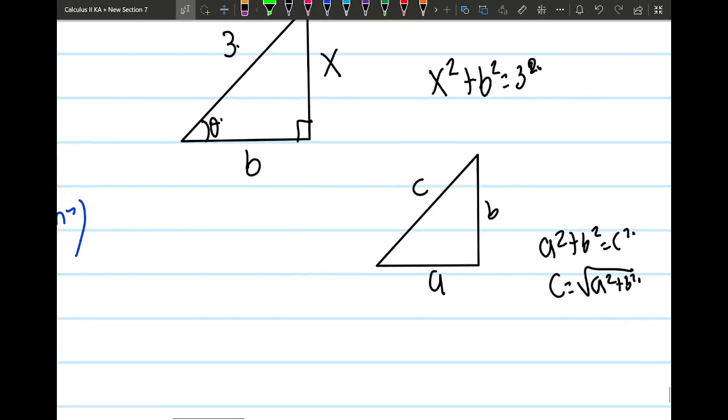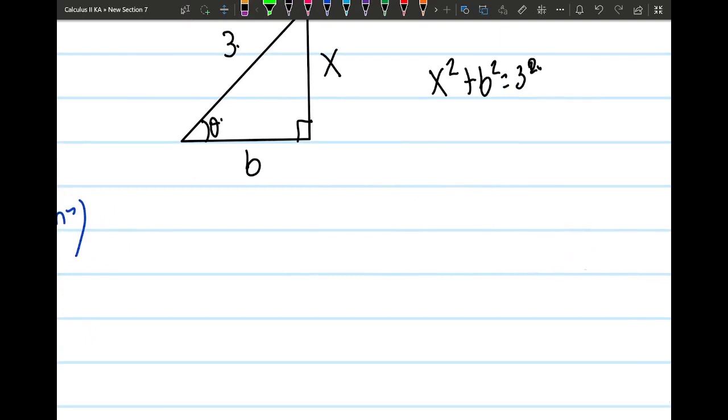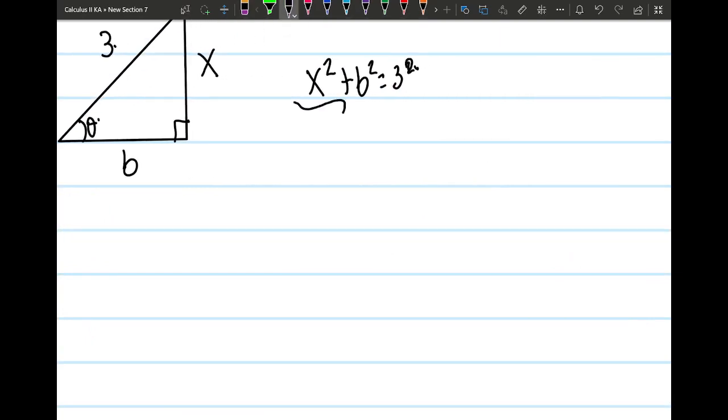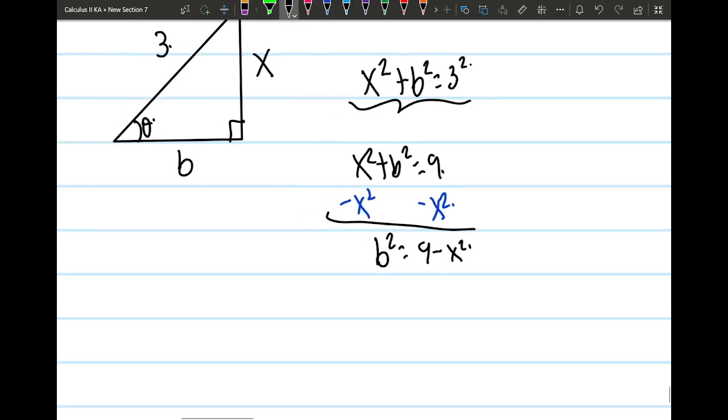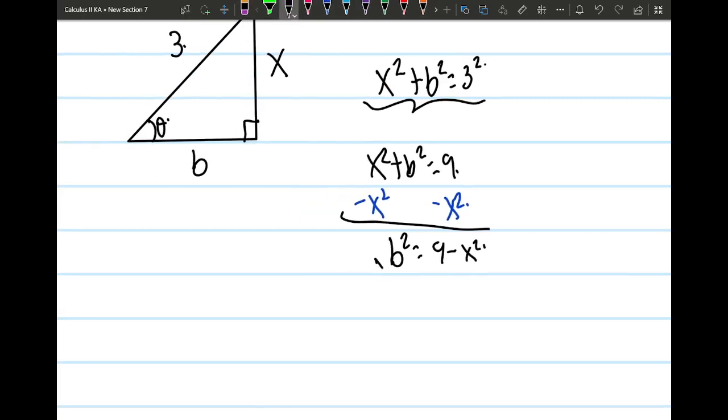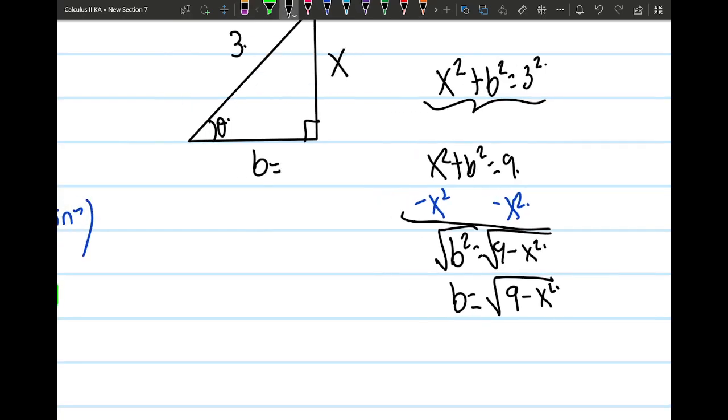So we have x squared plus b squared equal to 9, because 3 squared is 9. Subtract x squared on both sides, giving b squared equals 9 minus x squared. We're looking for b, not b squared, so take the square root: b is equal to the square root of 9 minus x squared.